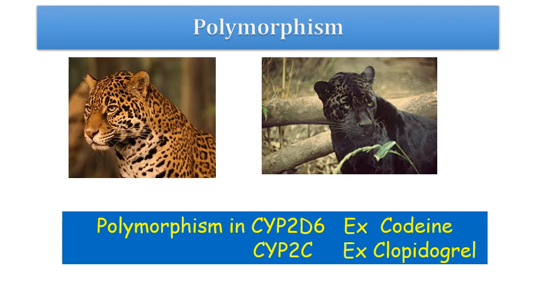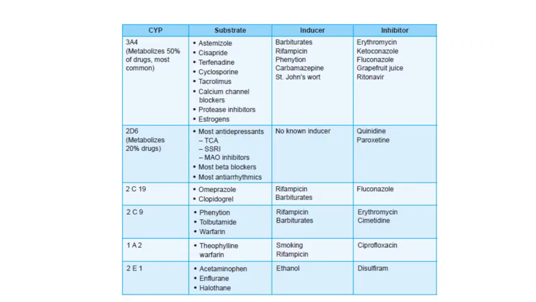Also, drugs might affect the metabolic activity of enzymes. In addition to polymorphism, where metabolic enzymes might differ in activity, other drugs can affect the metabolic activity of enzymes.